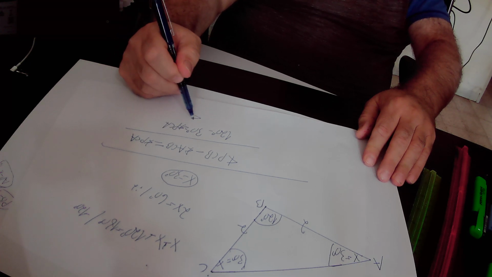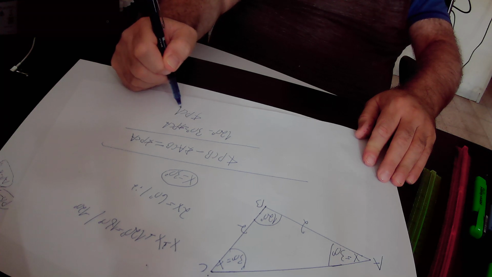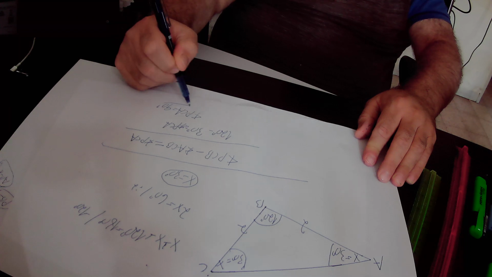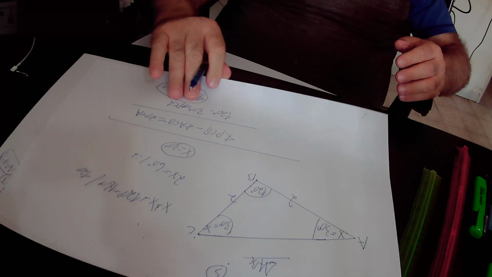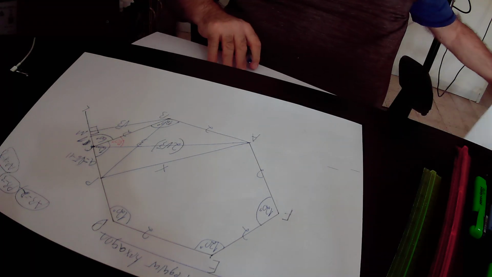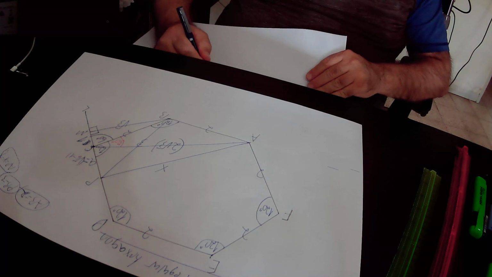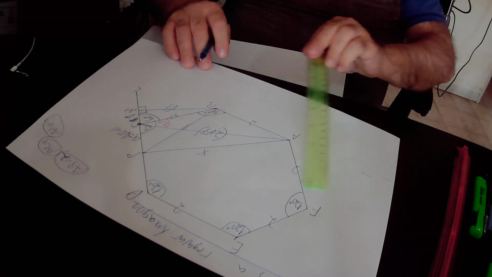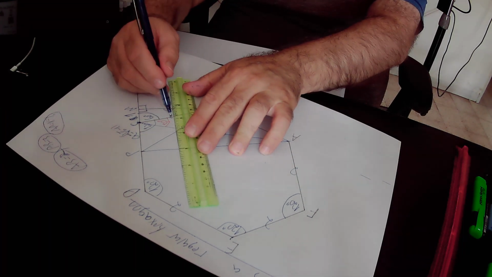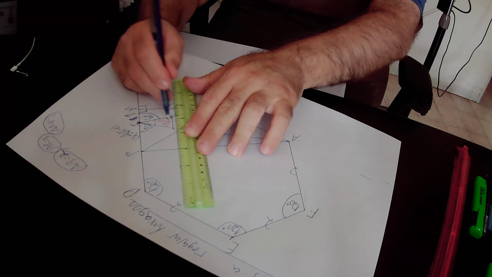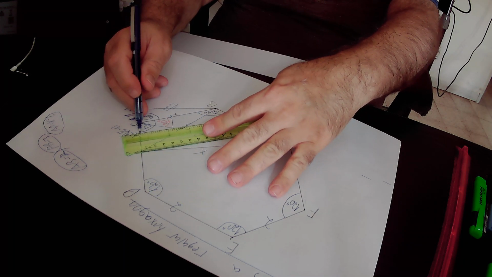So angle PCA equals 120 degrees minus 30 degrees, it is 90 degrees. So angle PCA is the right angle. This angle is the right angle, it is equal to 90 degrees.